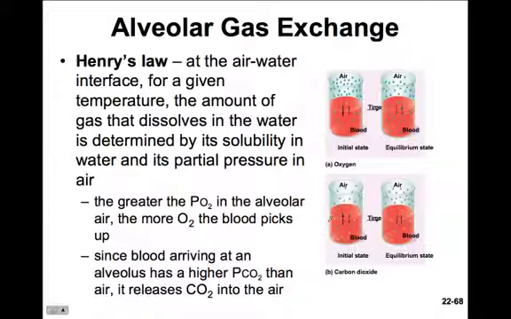In the case of carbon dioxide, the partial pressure of carbon dioxide in the arriving blood is initially higher than the partial pressure of carbon dioxide in the air. Carbon dioxide thus diffuses into the alveolus until the two are in equilibrium. It only takes about a quarter of a second for both gases to reach equilibrium, so this happens pretty quickly.